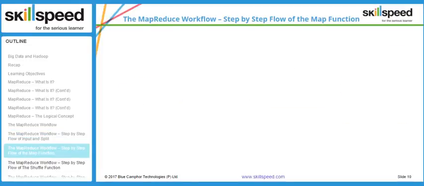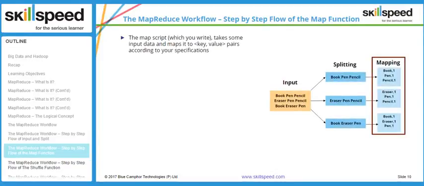Once the input split phase is over, the next phase is the mapping phase. The idea is to figure out the number of occurrences of each word. So we can write a simple Java mapper program which reads an entire line and, maybe using space as a delimiter, tokenizes every word. Technically speaking, it extracts every word from a line and that word becomes the key.